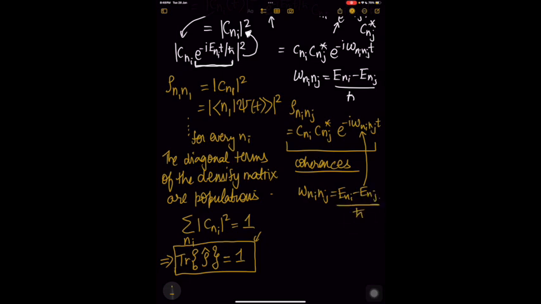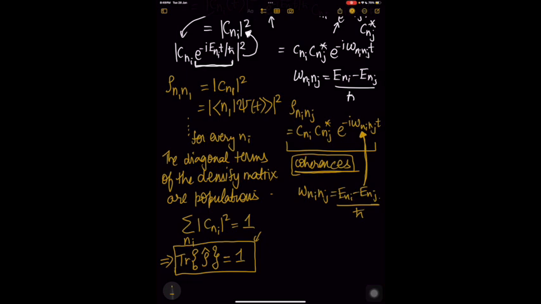So if you have a coherent superposition, why are these called coherences? Because if your quantum system is a coherent superposition of two states, ni and nj, then the time dependent coefficients of the states ni and nj, when you take a product of the two, they oscillate with this frequency, and hence these are referred to as coherences.